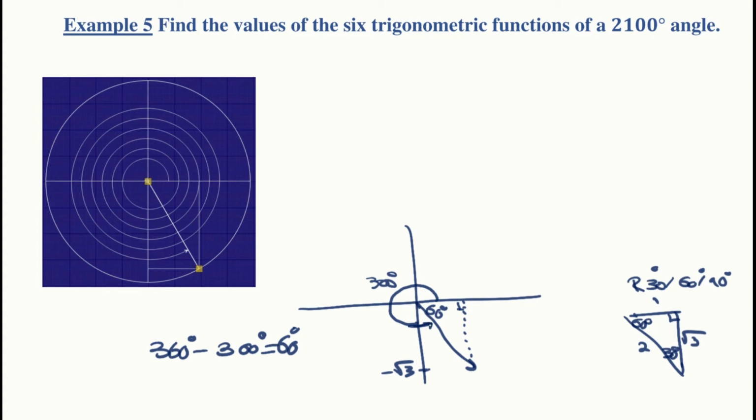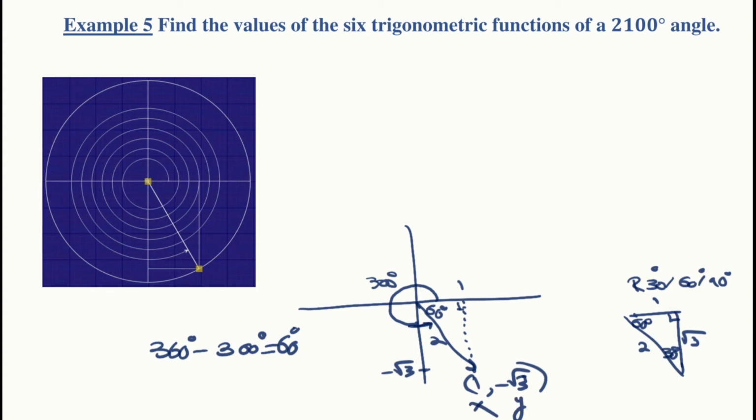And the 2 doesn't change, that's just the distance, that's always positive. And the 1 is also going to remain positive because it's a positive x value here. So the ordered pair of interest is going to be 1 comma negative square root of 3. 1 is the x, negative square root of 3 is the y.